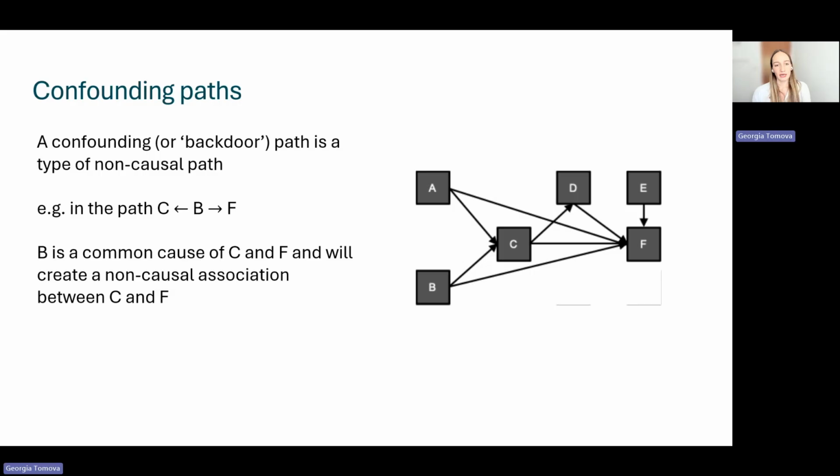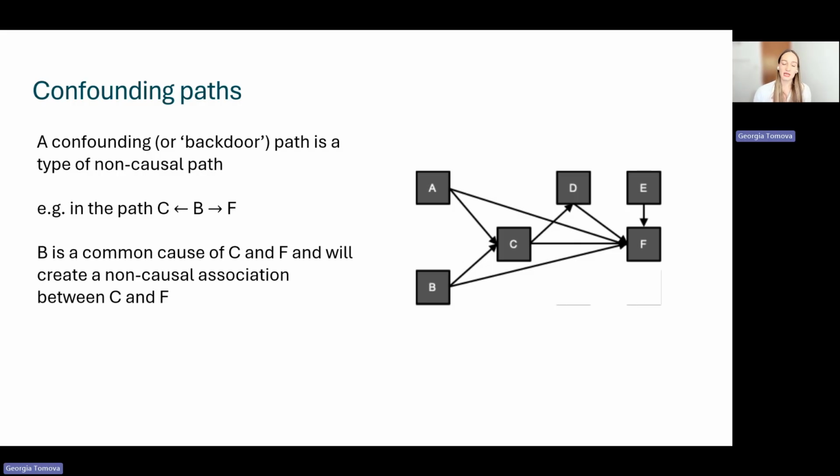For example, here we have a figure in which we focus on the variables C, B, and F. This is a path that does not go in the same direction. First, we go backwards from C to B, backwards in the direction of the arrow, and then onwards from B to F. In other words, B is a common cause of C and F.